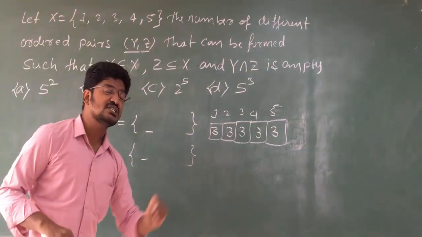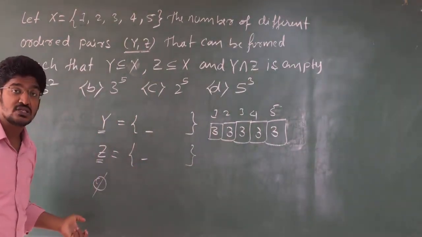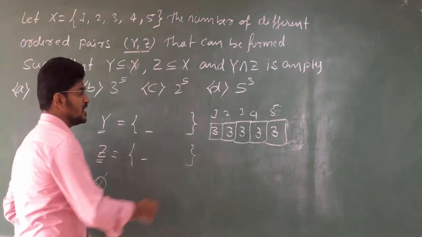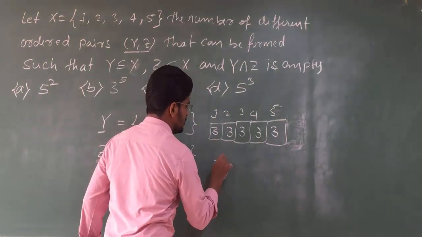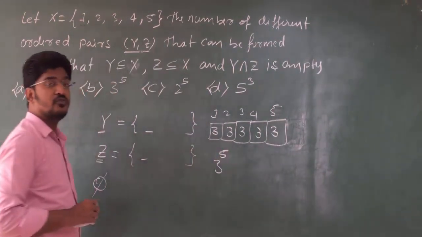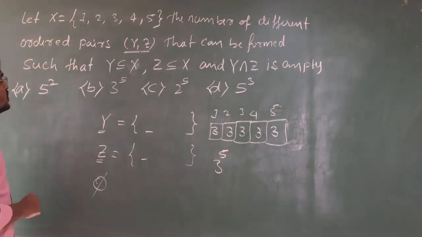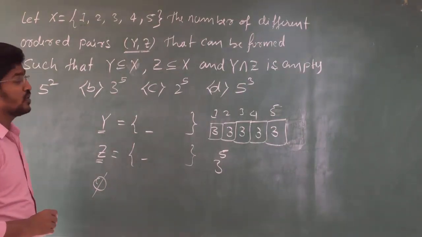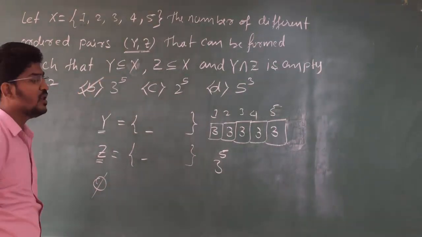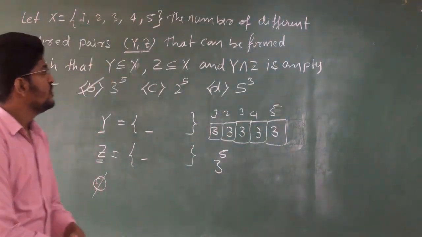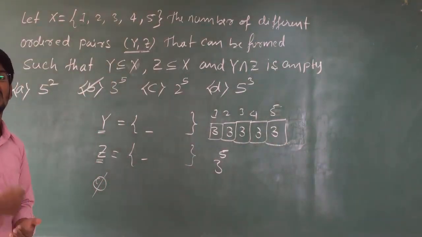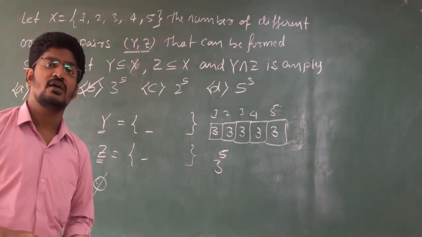So all elements have these 3 choices. As you all know from permutation and combination, if you calculate this, it will be 3 to the power of 5. Very simple. So the answer will be 3 to the power of 5, that is option B. Clear? Very simple question, but you have to understand the question and simplify it.